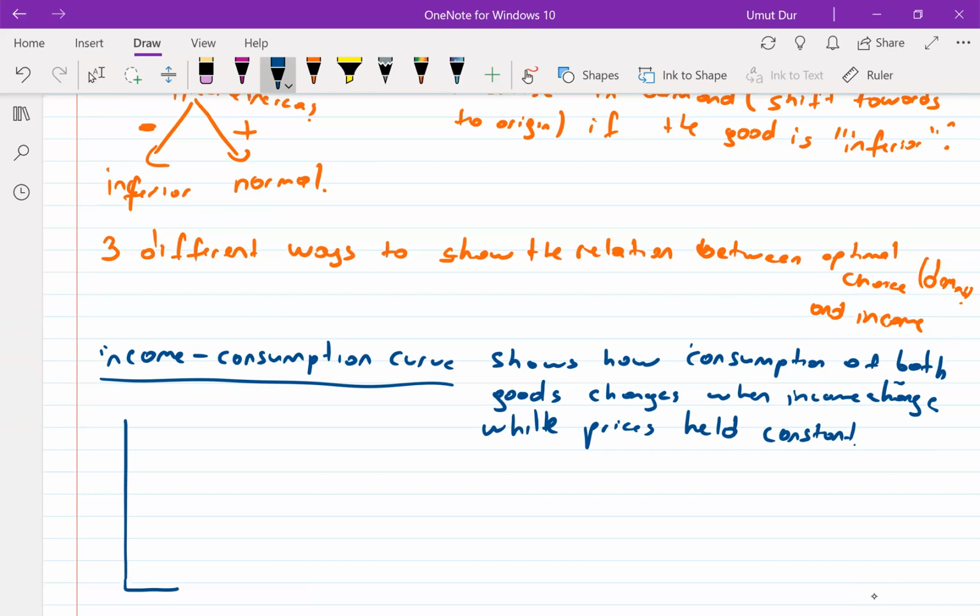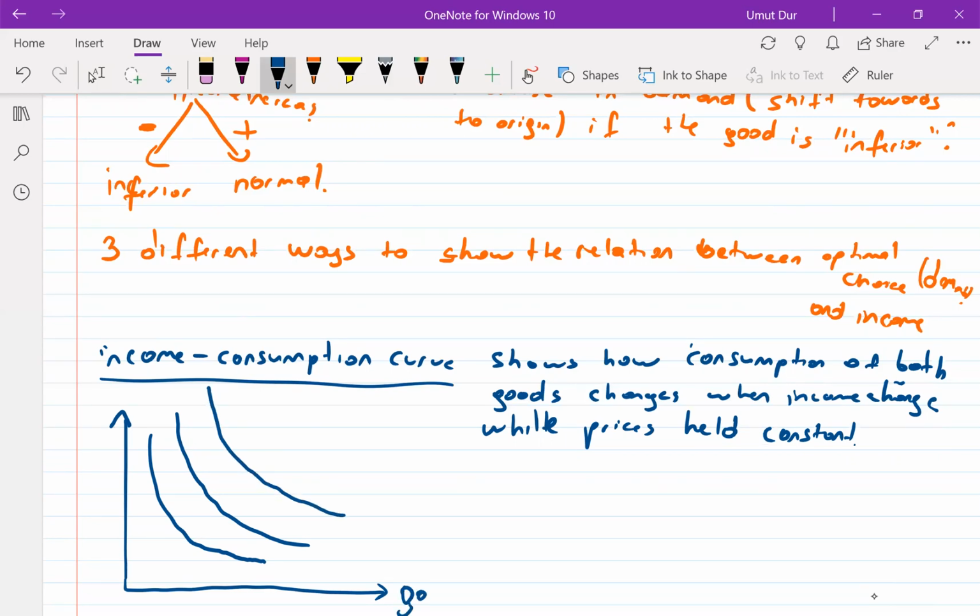Okay, so if we have this consumer choice graph here, suppose that we have this smooth indifference curve. This is good 1 and this is good 2.